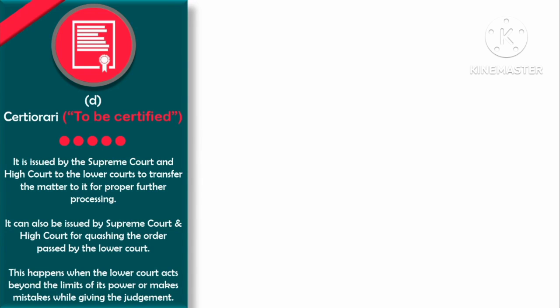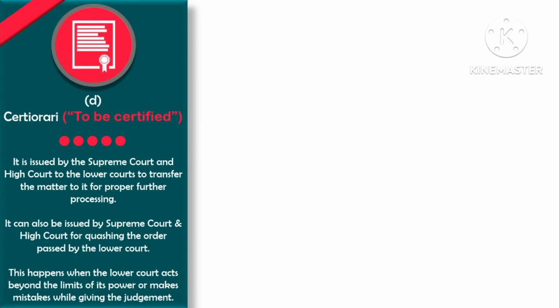Quashing the order means cancelling the order given by the lower court. This happens when the lower court acts beyond the limits of its power or makes mistakes while giving the judgment. In such a situation, a writ of certiorari can be issued by the higher courts to its lower courts.